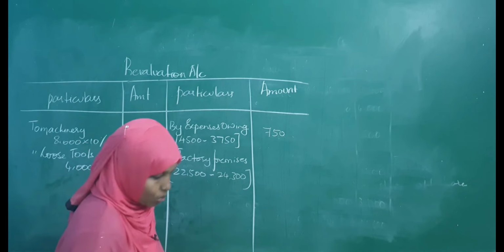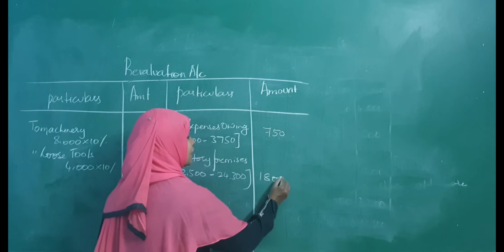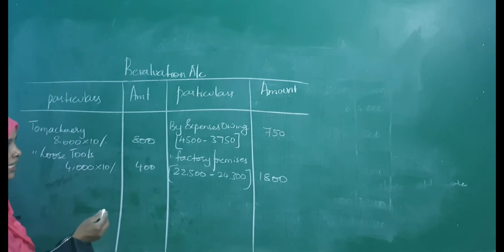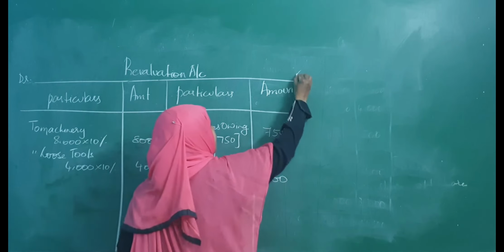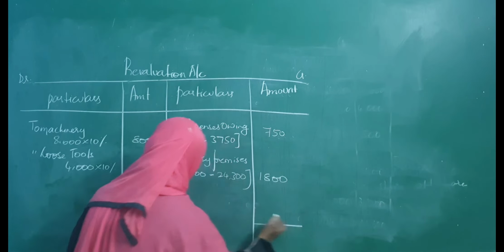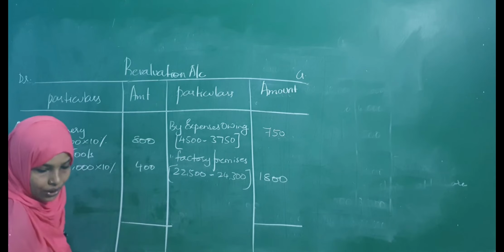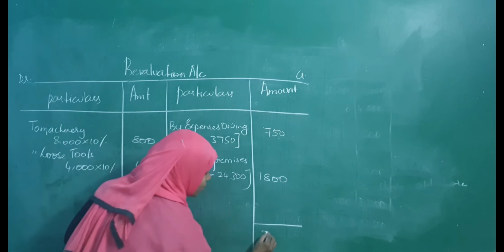Okay, it comes to 1,800. So if you see again, okay, I forgot to write debit, credit. Okay, the total of the credit side, it comes to 2,550.